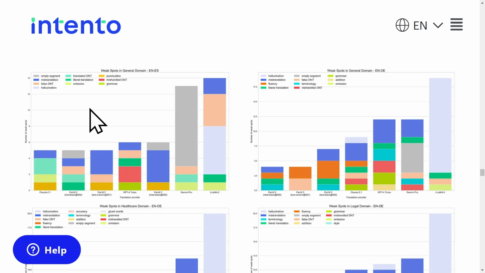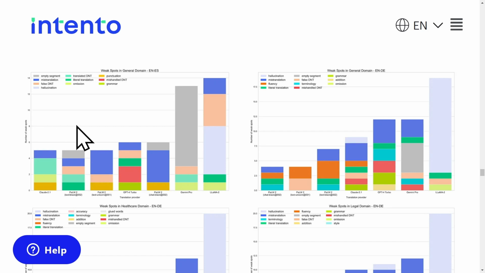So for example, we were talking about translated DNTs, which is here light green, and false DNTs, which is this sort of salmon color. And we can see that, for example, the Llama 2 model has a big issue with false DNT. Claude will have a big issue with translated DNT, and so forth.